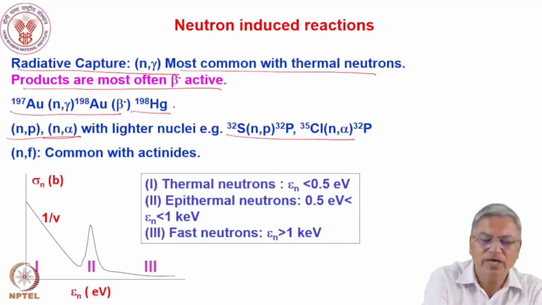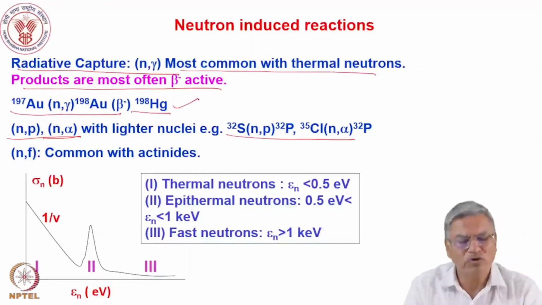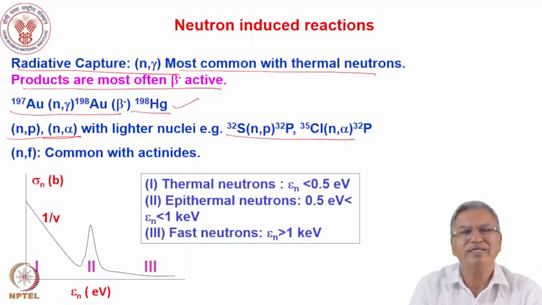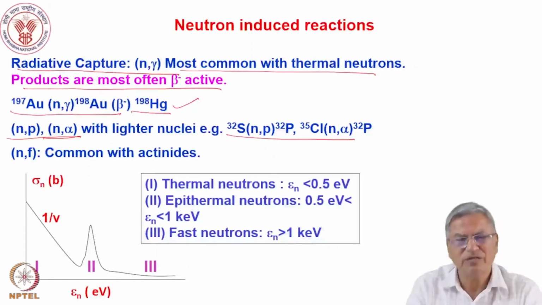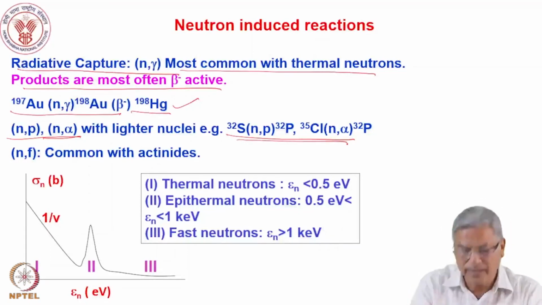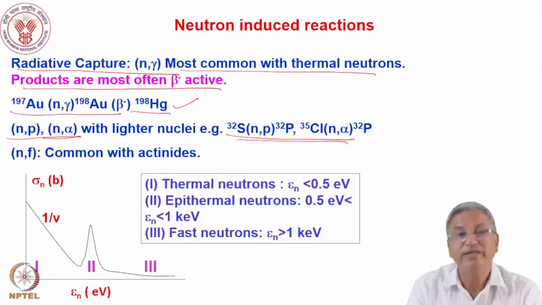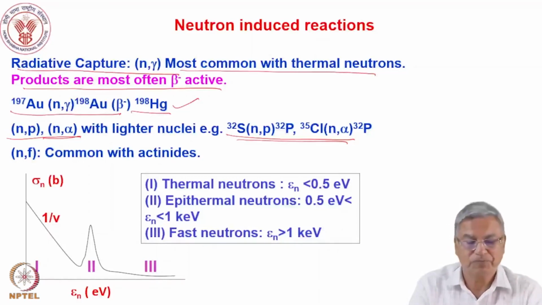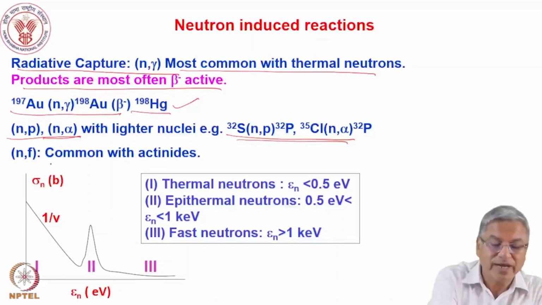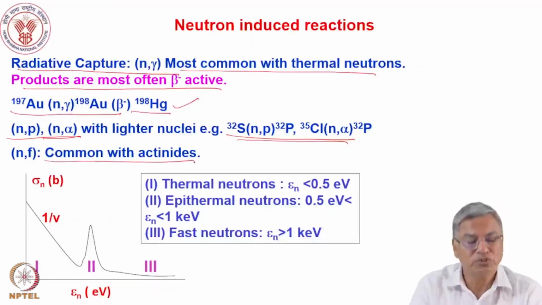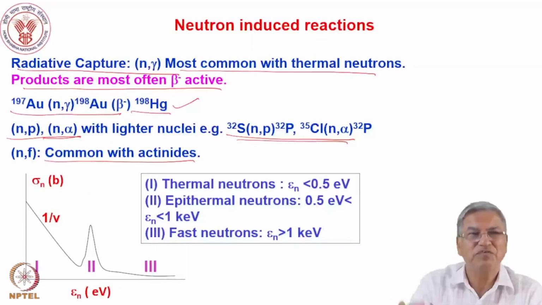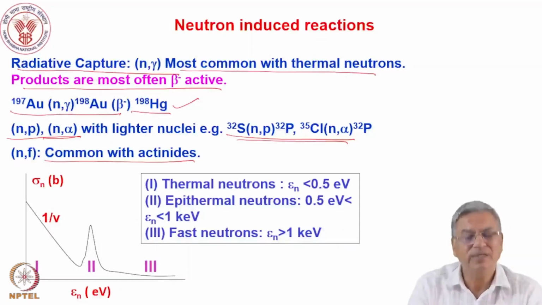Whereas for heavy nuclei, the Coulomb barrier for emission of alphas and protons is quite high, and so such heavy nuclei do not undergo n,alpha and n,p type reactions, but the light nuclei can. When you go to still heavier elements like actinides, the thermal neutrons can induce even fission, because the fission barriers are low for actinides, and so upon capture of a neutron, like 235 uranium, even thermal neutrons can induce fission in the heavy nuclei.